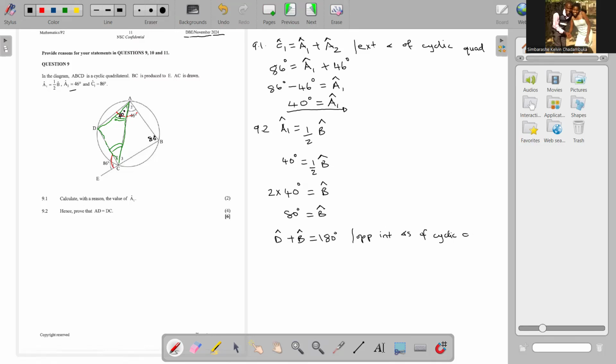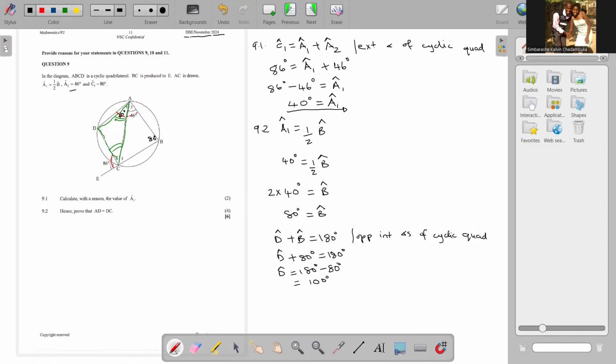We don't know angle D, we want to calculate it. B we found to be 80 degrees, so D plus 80 degrees equals 180 degrees. Therefore, angle D is equal to 180 degrees minus 80 degrees, which gives us 100 degrees.